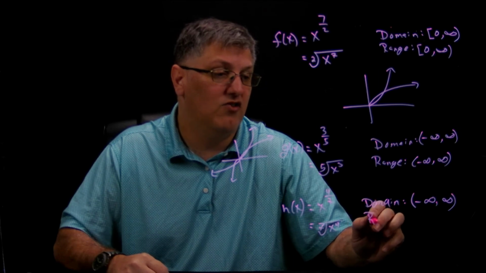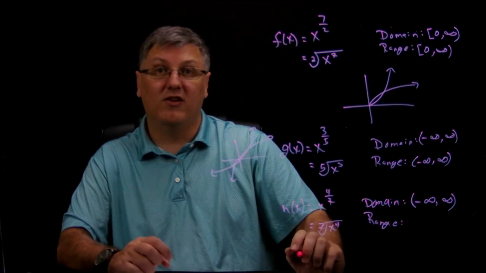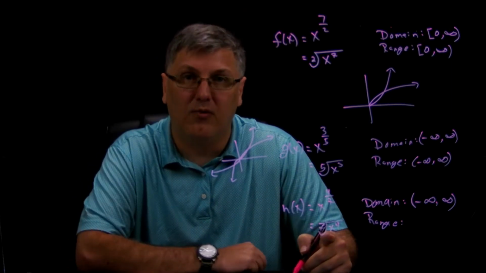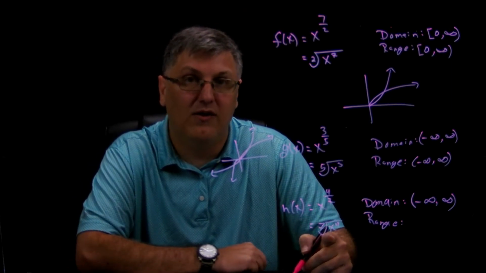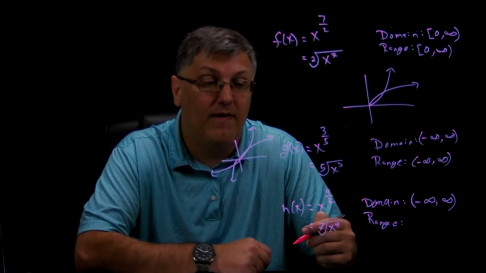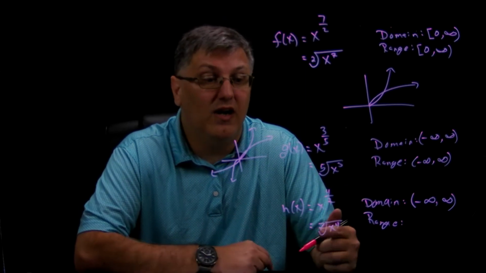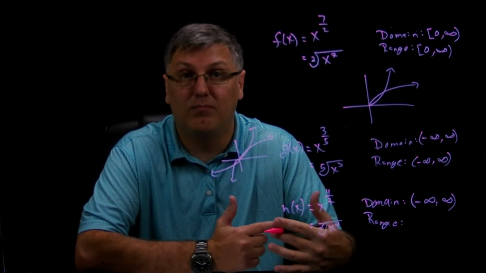My range. Well, let's just think about this. What happens if I put a negative number in here? It turns to a positive. And then if I take the 7th root of a positive number, it's positive. If I put a positive number in here and I take it to the 4th, it's positive. And then if I take the 7th root of it, it's positive.